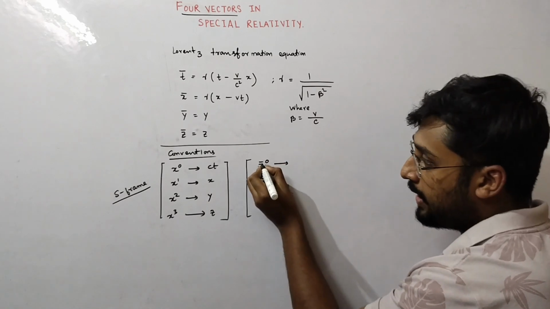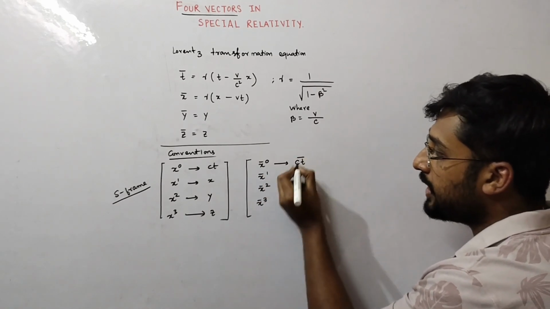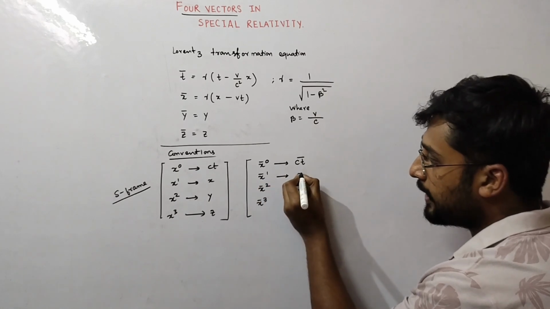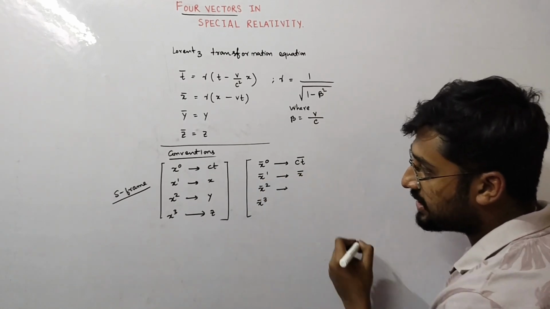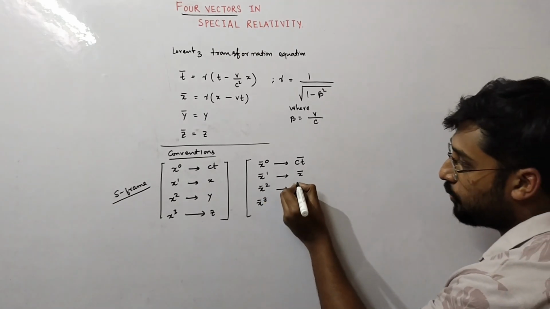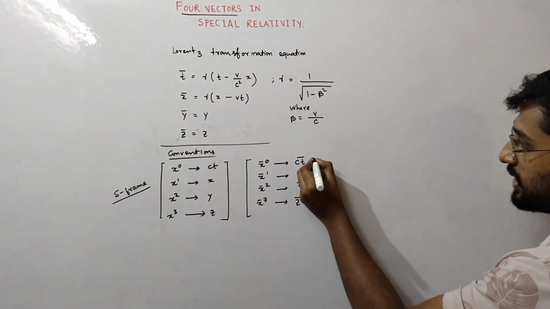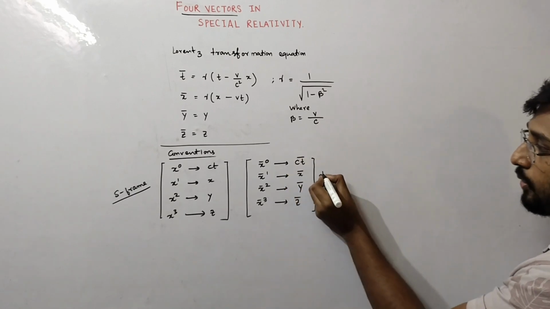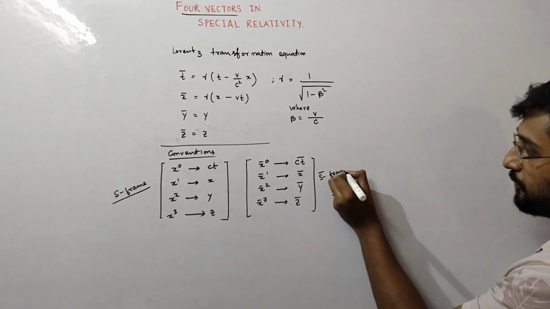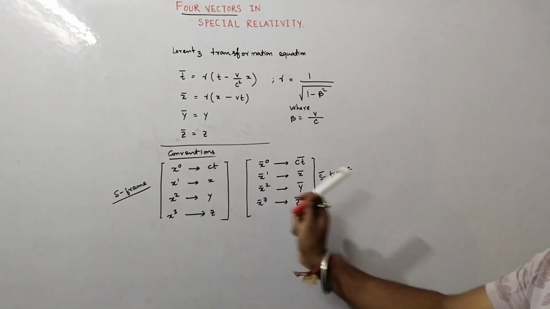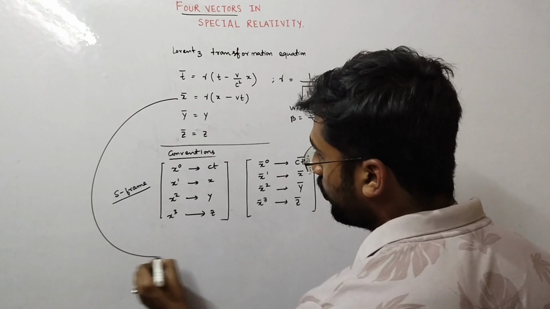Now x bar naught, or x 0 bar, is basically ct bar. x bar 1 is your x bar, the x component or the x axis. x bar 2 is the y bar and x bar 3 is the z bar. Now these are the conventions that I will follow for the S bar frame or the S prime frame, whatever you want to call it. So these are a couple of conventions that I will be following. Now moving back to this.